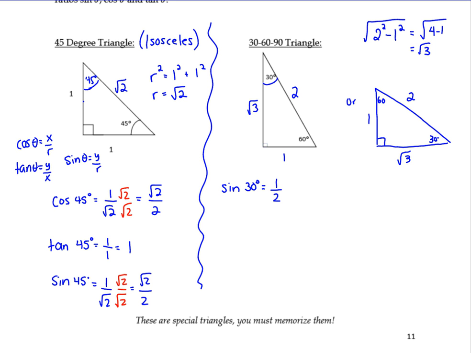Root 3, is that larger or smaller than 2? Type it in your calculator if you're not sure. It has to be smaller, right? Because root 4 is 2. So root 3 is between 2 and 1, which makes sense because the smallest side is going to be across the smallest angle. So that's why the 1 is always across from the 30. The largest side is the 2, which is your hypotenuse, and then root 3.